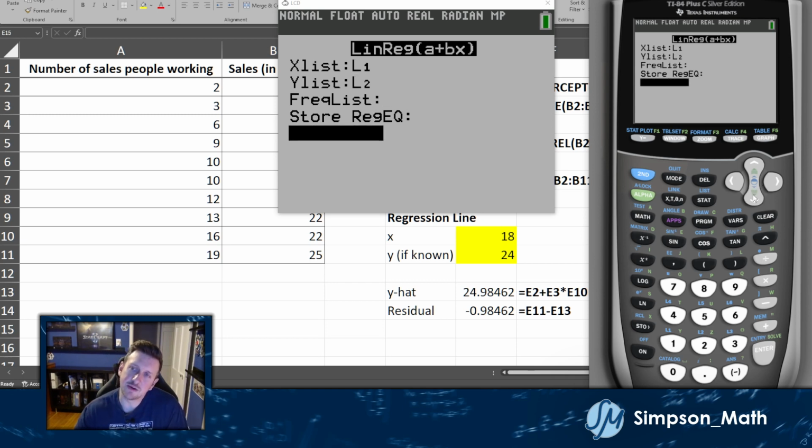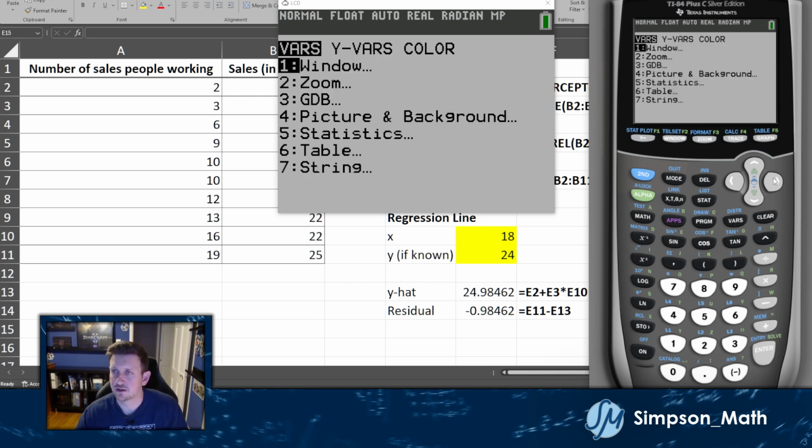We really just need to do calculate, but I do want to show you how you can make the scatter plot quickly on here. If you wanted to store this regression line equation, we could store it into Y1. This is super duper optional. I'm going to press Vars. Vars is short for variables, not variants.